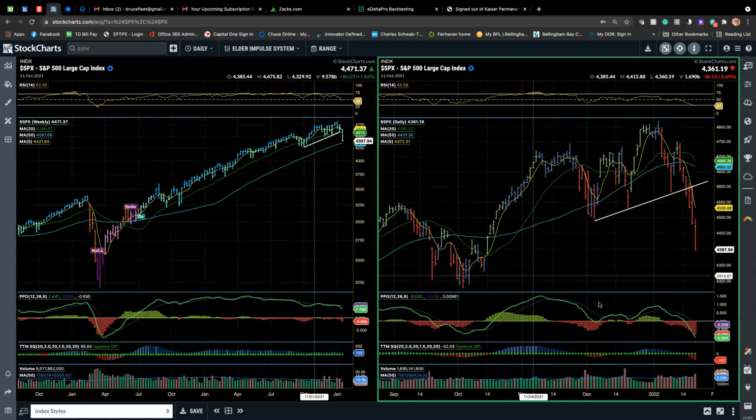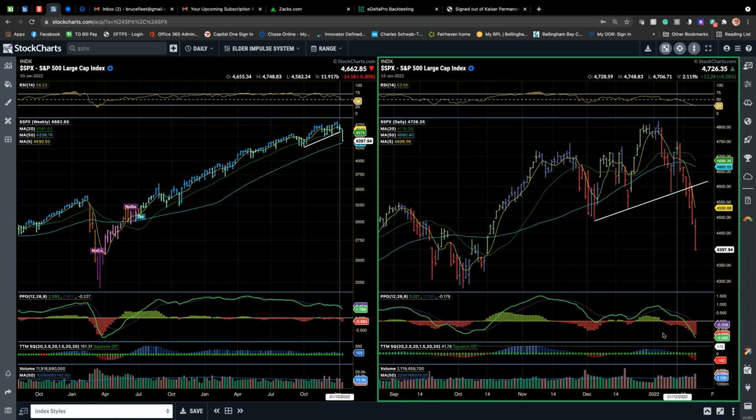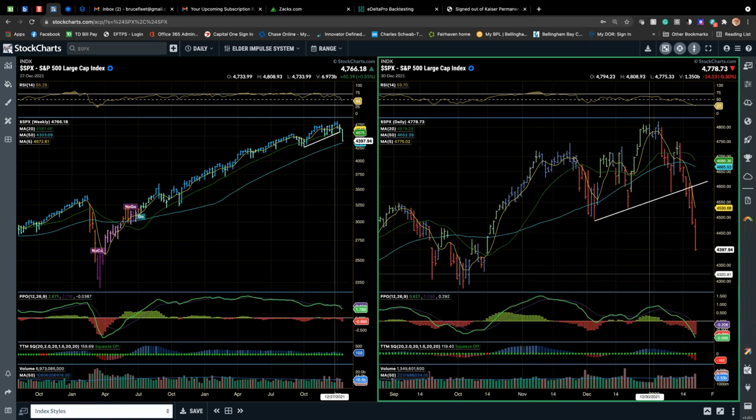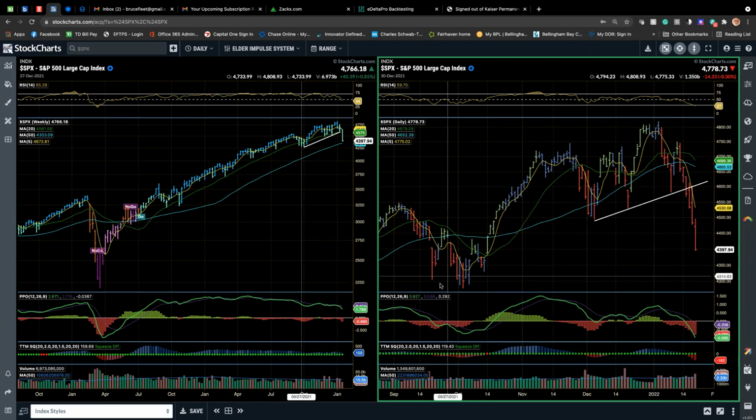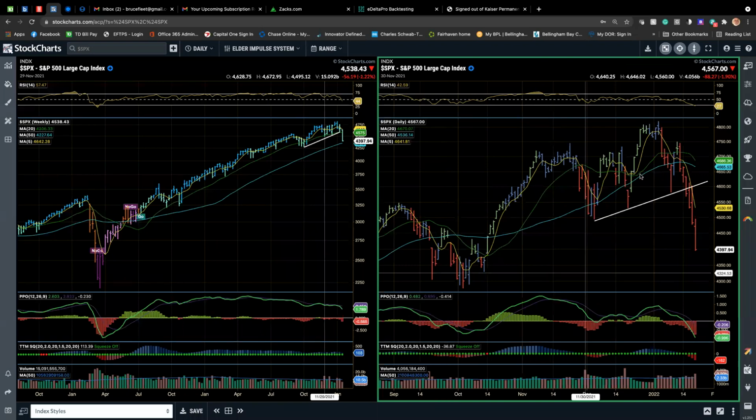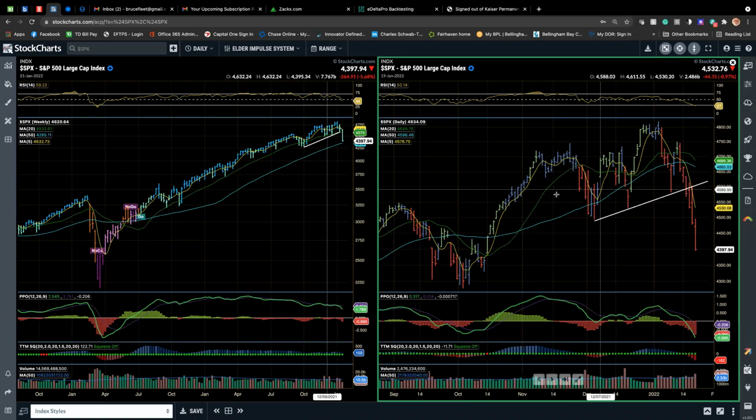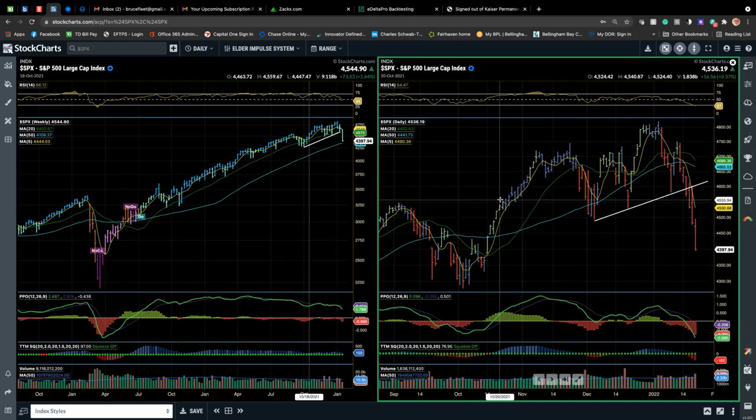So a couple things that I would highlight for you here. If we were to look at this market and we went back to 10/20, so October 20th, if you see that vertical line, that's October 20th.